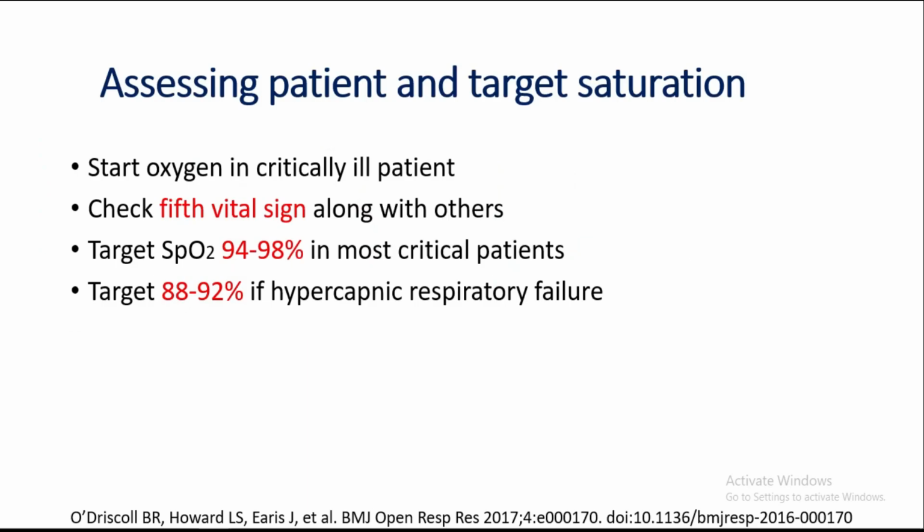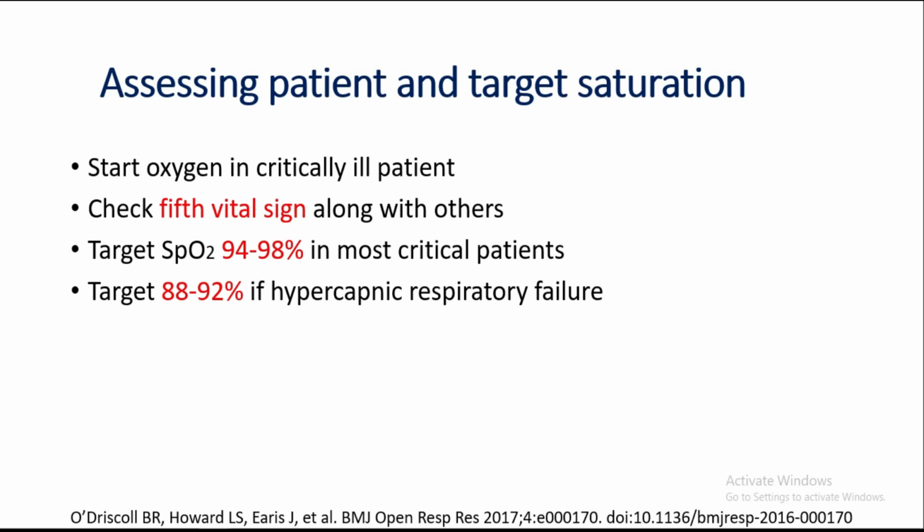So when a patient comes to you, how will you assess the patient? First of all, if the patient is critically ill, you have to start oxygen. Then check the fifth vital sign along with other signs. What is the fifth vital sign? The fifth vital sign is oxygen saturation seen by pulse oximetry.